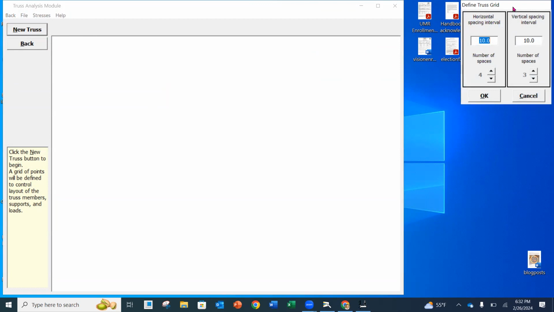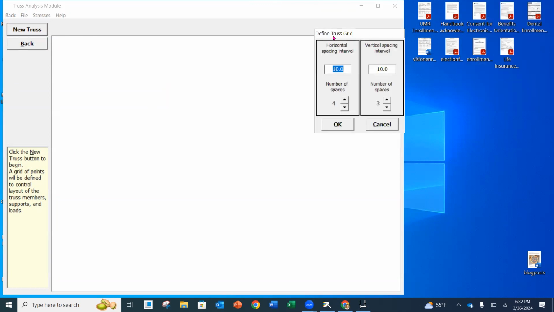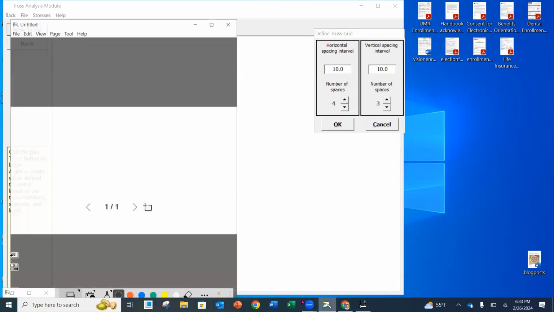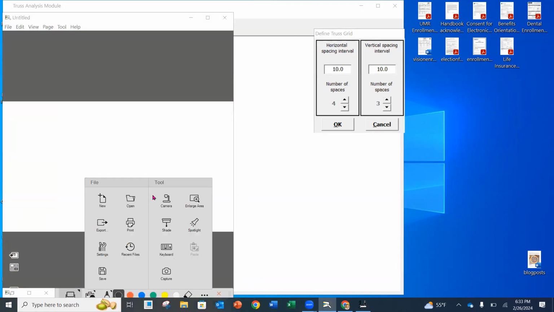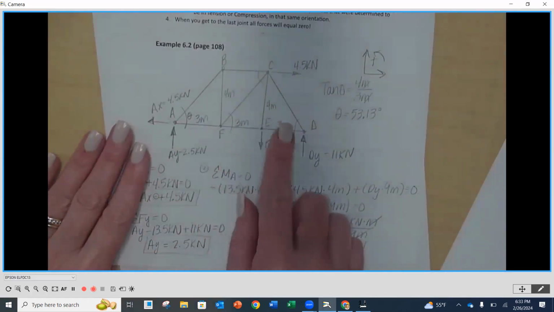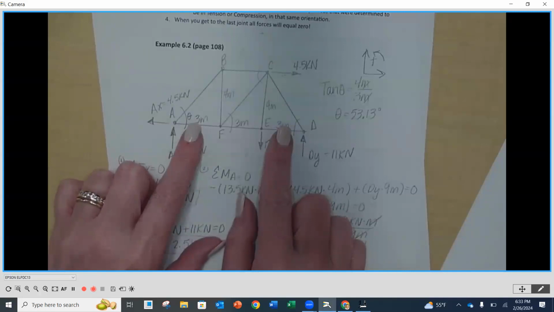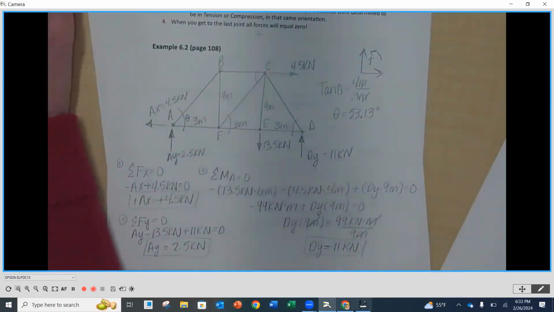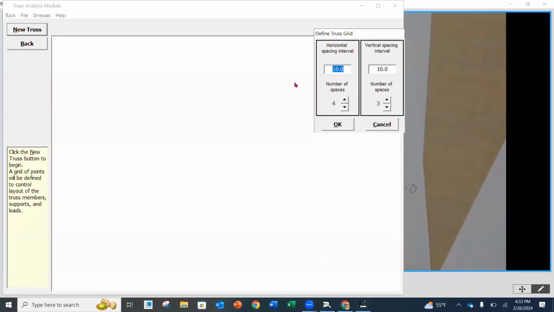Now, what it's going to ask me for is to define my truss grid. This is going to be just the little endpoints that I'm going to have. So if I go back underneath, it's going to want to know what is my horizontal spacing. My horizontal spacing is 3 meters. And then the number of spaces.